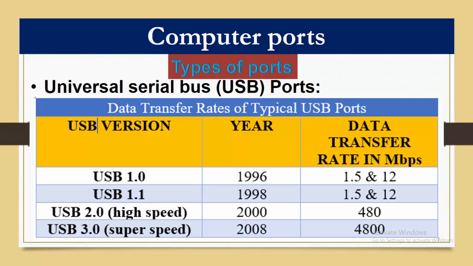The next generation was USB 3, named super speed, introduced in 2008, and its speed was 4800 megabits per second.